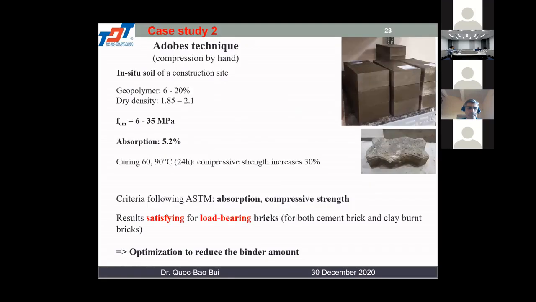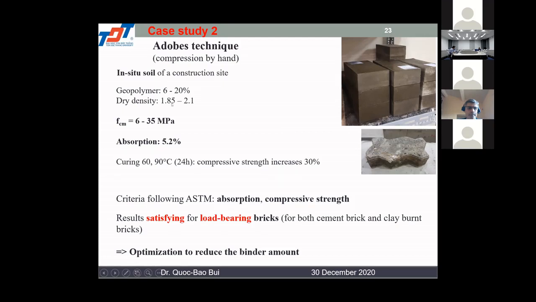So due to the limited time, the second study is on the adobe technique. Adobe technique, that's the brick compressed by hand. And we use in situ soil of a construction site. We try geopolymer from 6 to 20%.